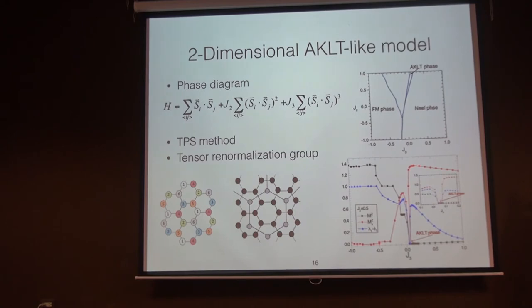So you mean whether translation symmetry is a key? Actually, SO3 may not be. But there's also an issue that this tensor renormalization seems to change translation symmetry in some way, so whether there's enough translation symmetry that we can see AKLT states.